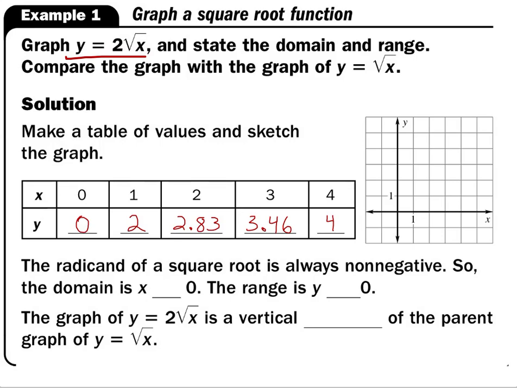So (0, 0) is my favorite dot on the origin there. (1, 2) is up here. (2, 2.83) is up there-ish, working on close to 3. (3, 3.46) is there-ish, essentially 3.5. And (4, 4) is there.